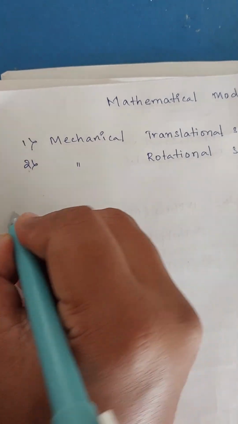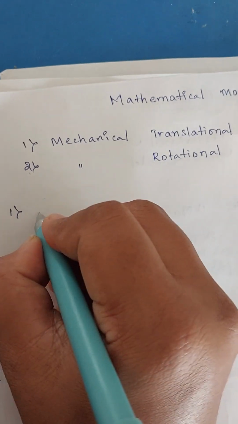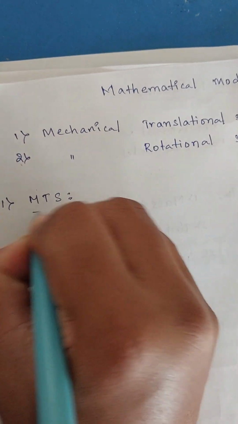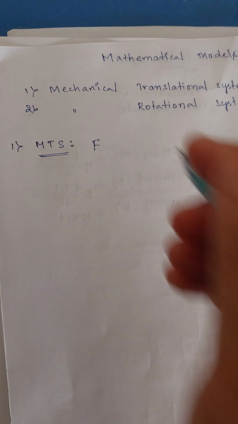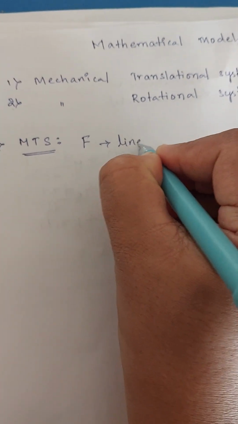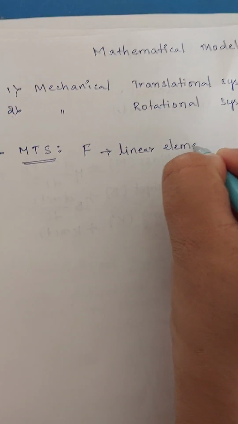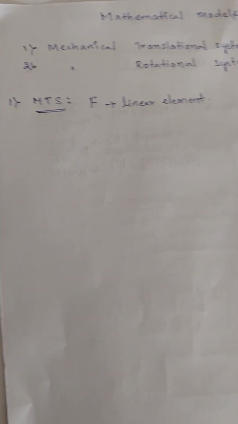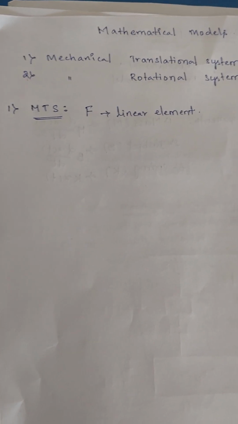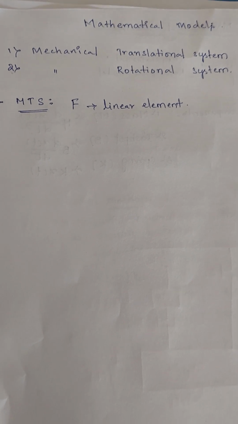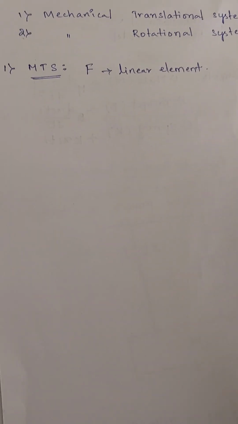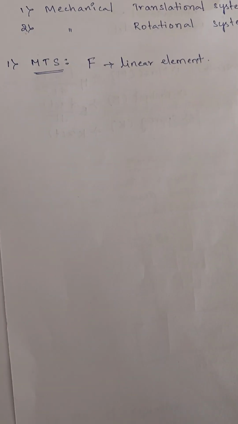Coming to the first case, the mechanical translational system, the input we are going to consider is force, which is a linear element. And the elements in this translational type of model: every mechanical system can be represented in three elements.